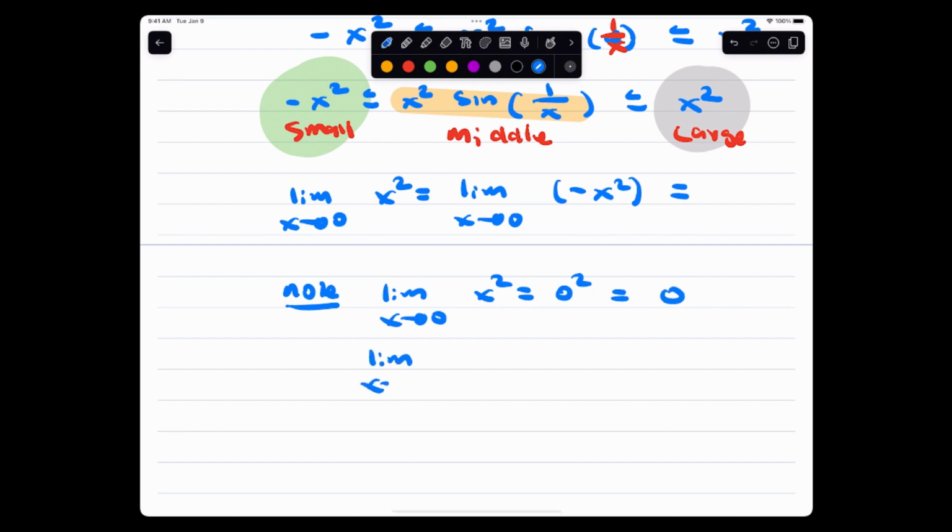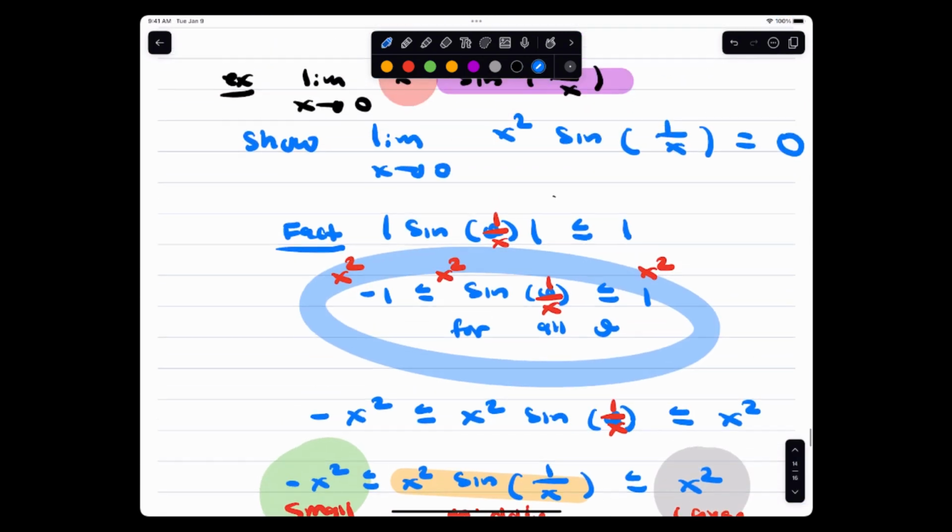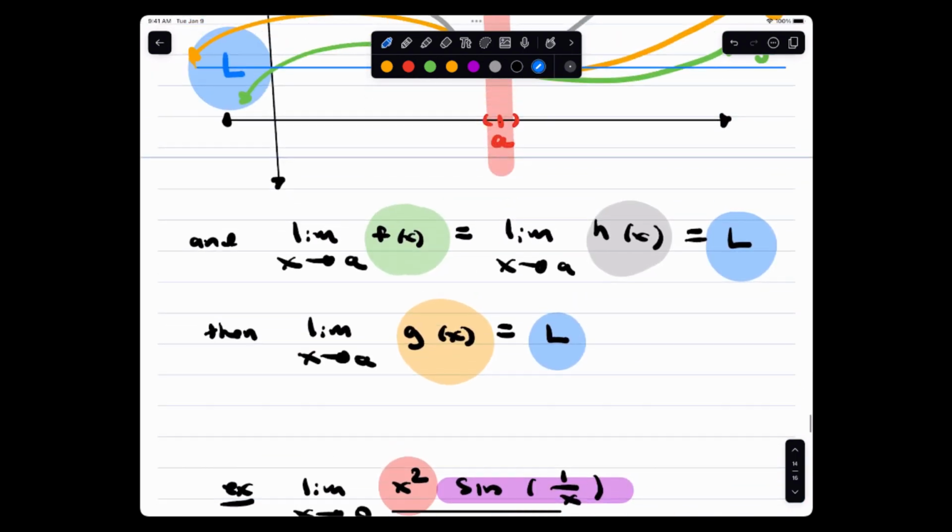And this is negative 0 squared, which is also 0. Is that true? So they're both equal to 0, and that's the finite limit value in the squeeze theorem. They're both equal to 0 in the squeeze theorem here.